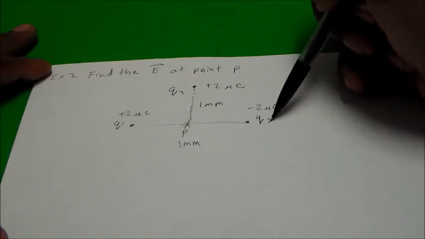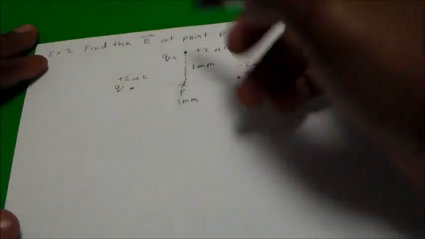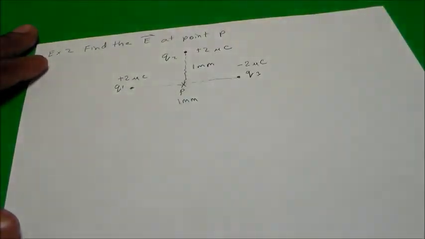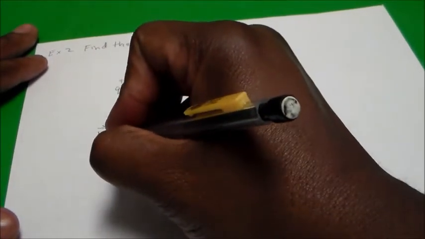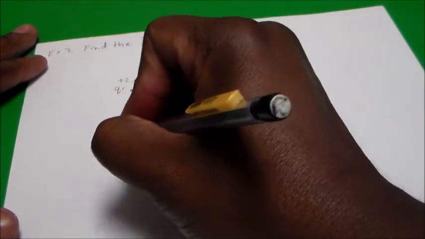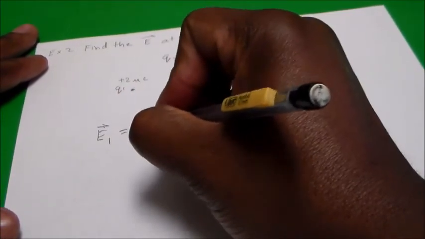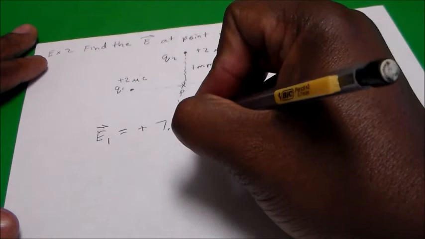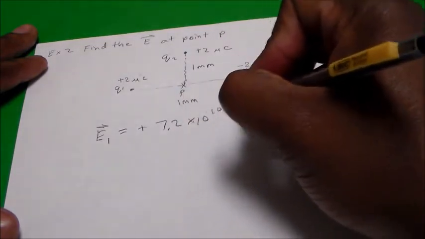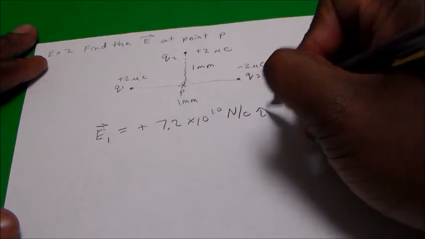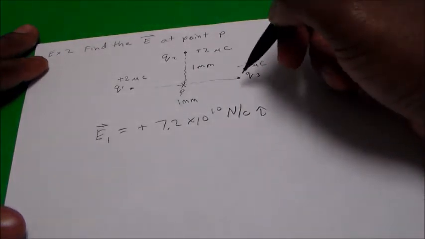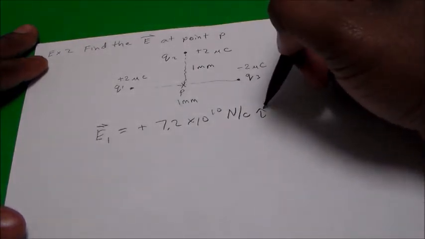Okay, so given that this is the case, then based off of our calculation from the first example, E1, the vector, remember, was equal to plus 7.2 times 10 to the 10th newtons per coulomb, and that was pointing in the positive x direction, right?